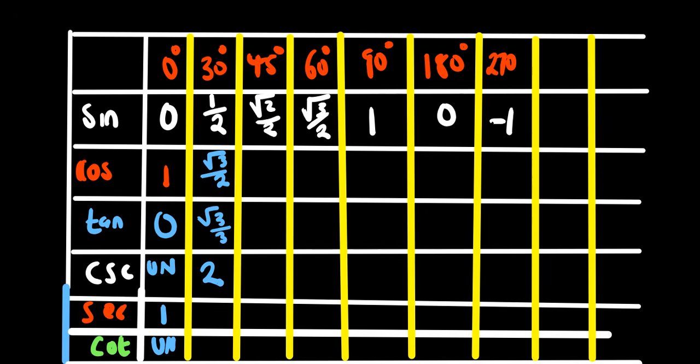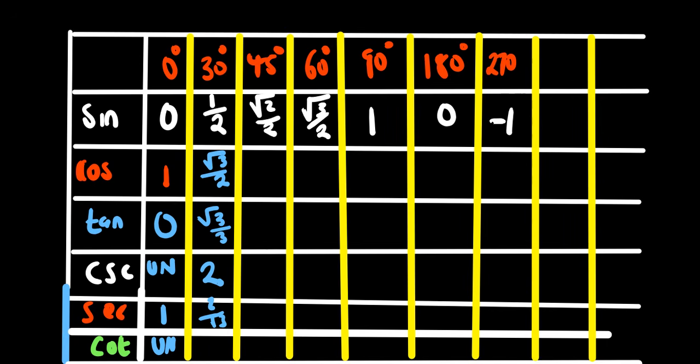Then since sec is the opposite of cos, the opposite of root 3 over 2 will be 2 over root 3. So these ones will just be the opposite. Now I'll just be putting sine, cos, and tan, and everything on the other side will just be the opposite.